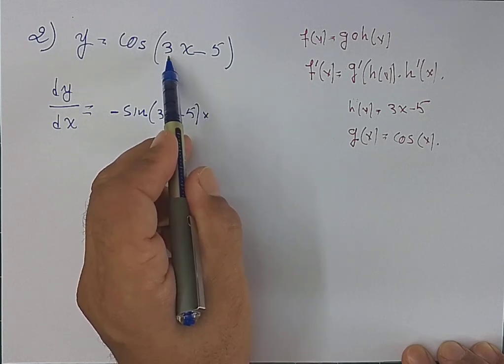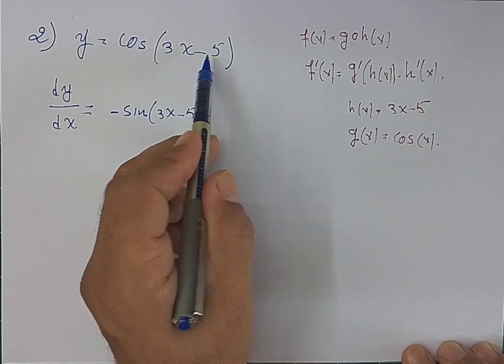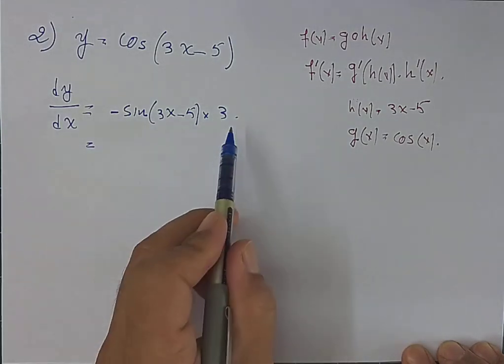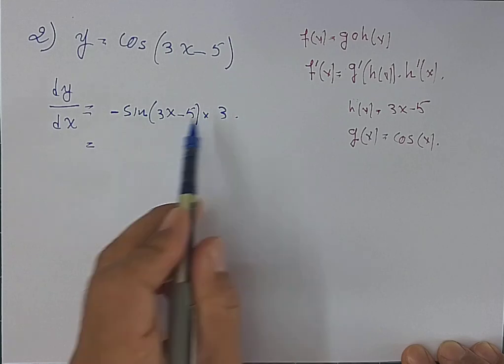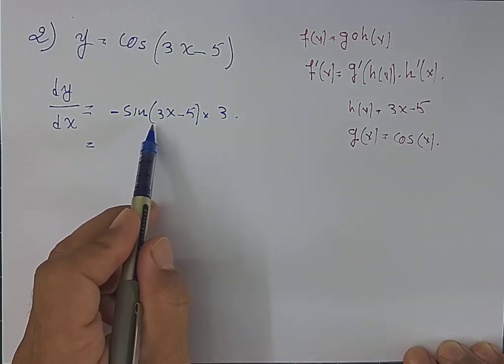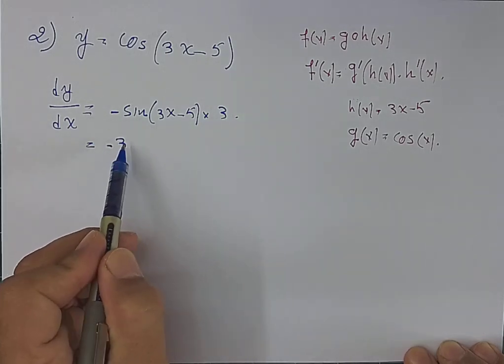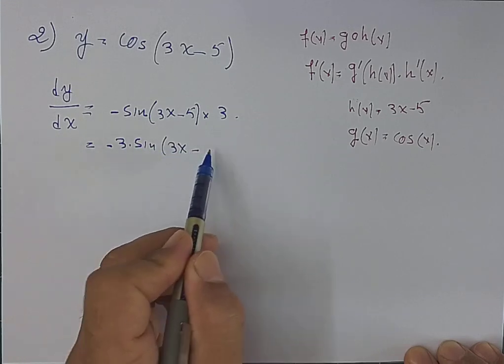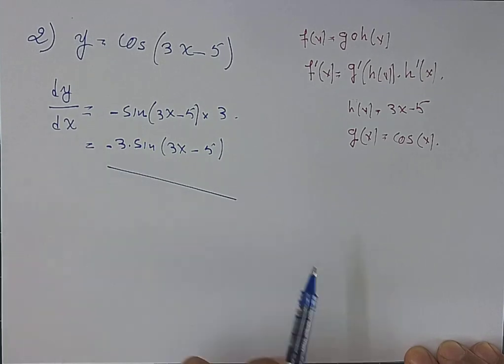The derivative of 3x minus 5 equals 3. Combining the two, it will be minus 3 times sine of 3x minus 5. That's it.